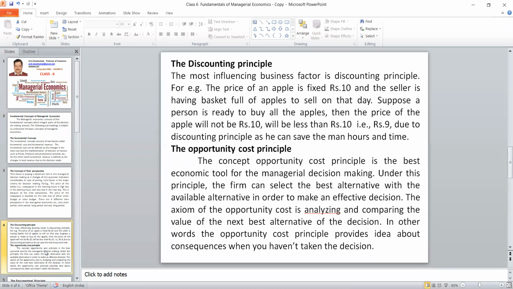The axiom of opportunity cost is to analyze or compare the value of the next best alternative of a decision. We may say opportunity cost is the right tool to decide all business decisions, because it shows the consequence if you do not take a particular decision. This is the fourth fundamental concept.